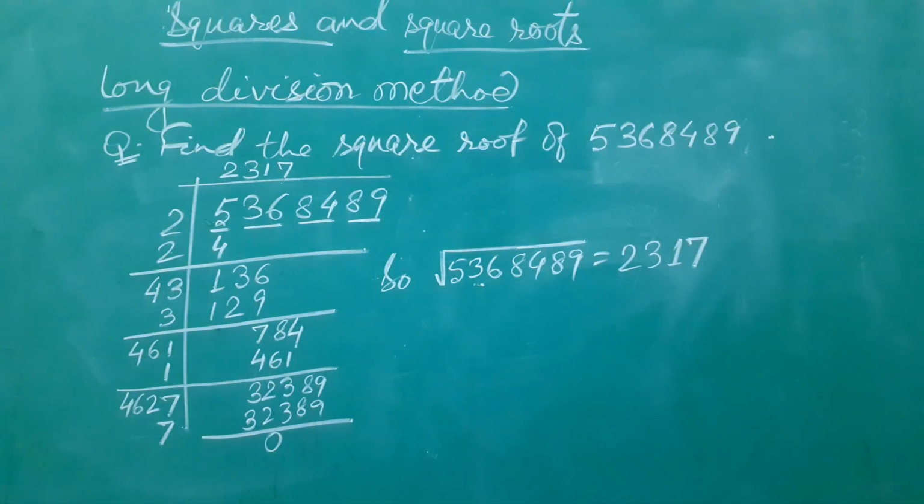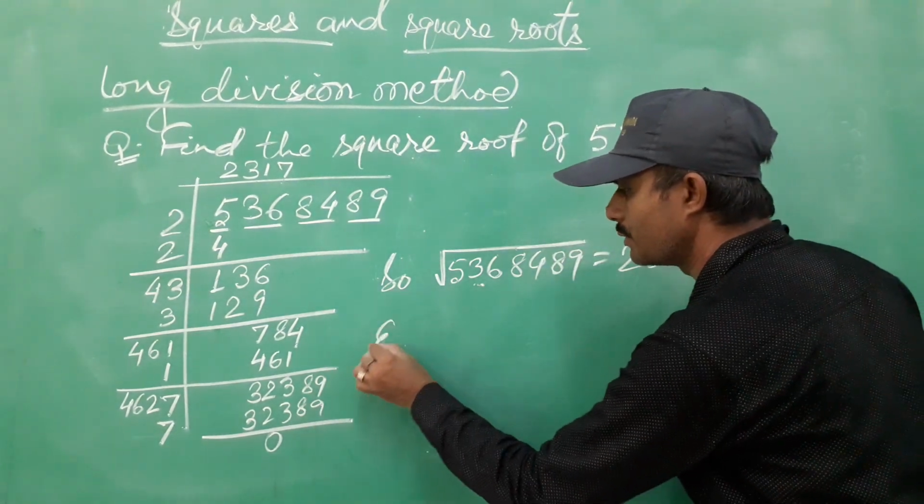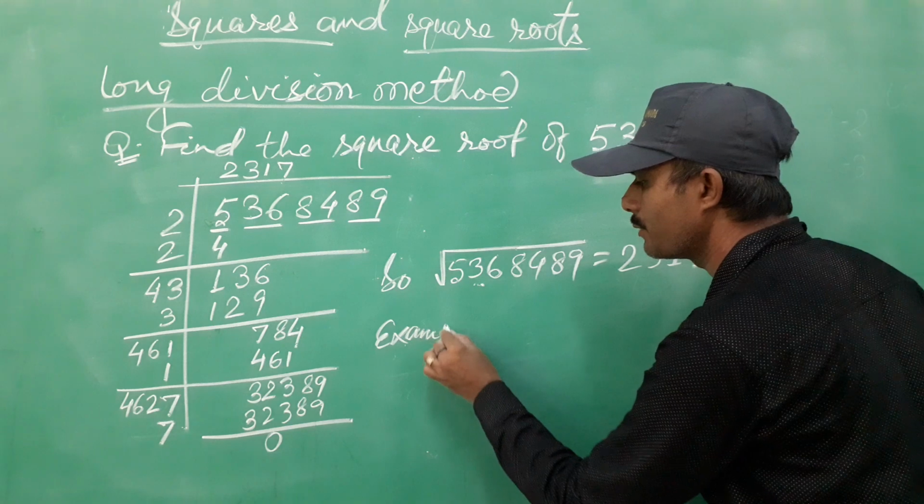And using this method, we can find the square root of any number in decimal form also. If a number is given in decimal form, just pair the digits before the decimal and do the same. Look here, for example, I am only showing the pairing.